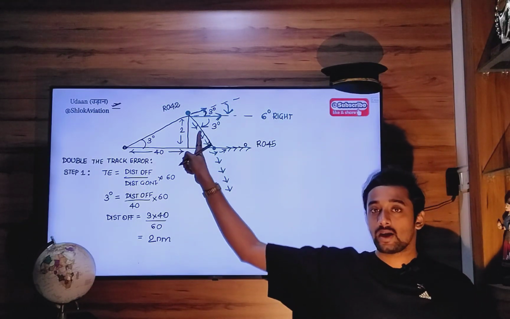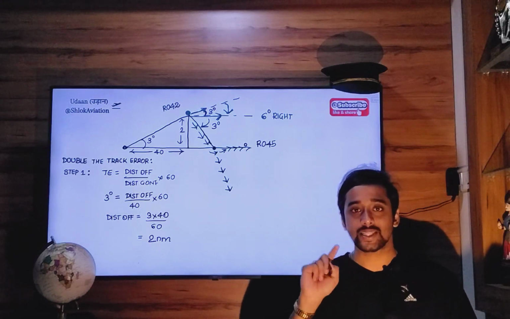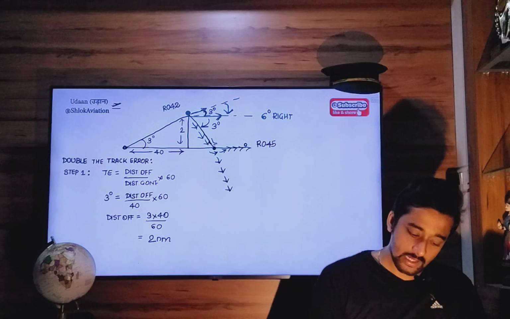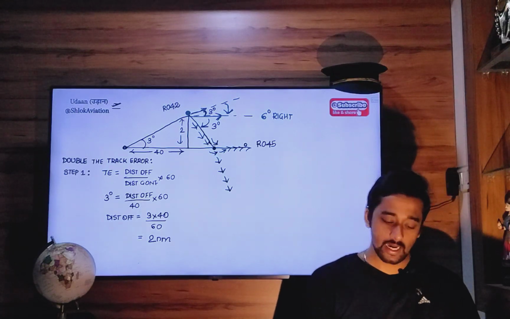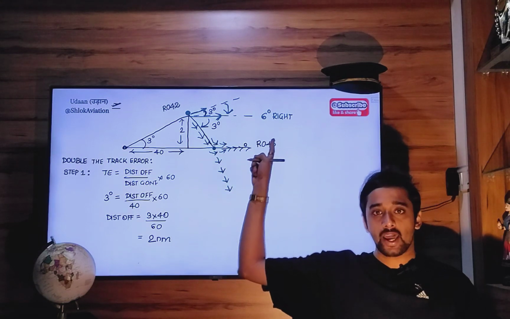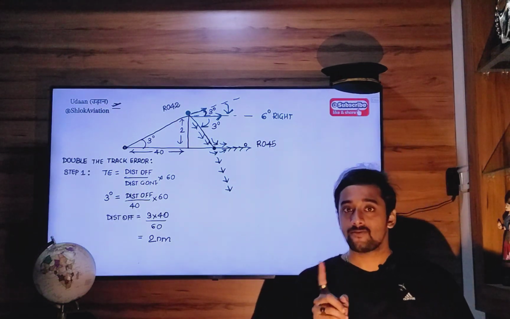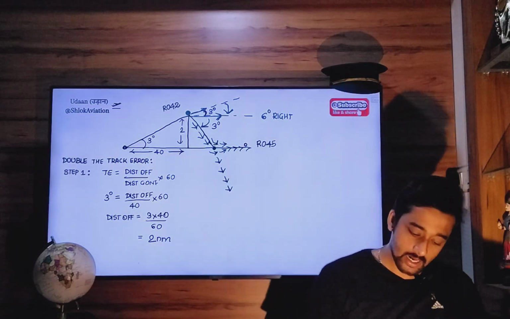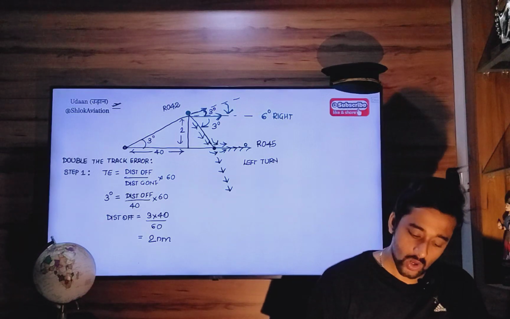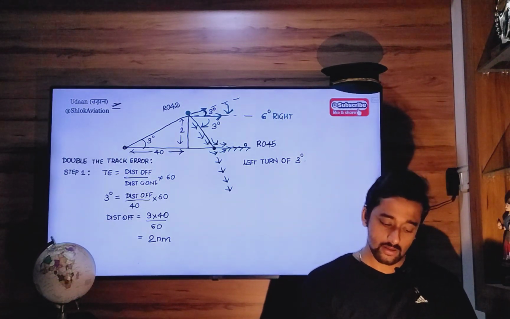So as soon as we come close to radial 045 and the CDI needle starts moving to the center, we will start making a properly timed left turn, and then intercept radial 045 and fly outbound. So what will be the amount of left turn you will do here? Left turn of 3 degrees.